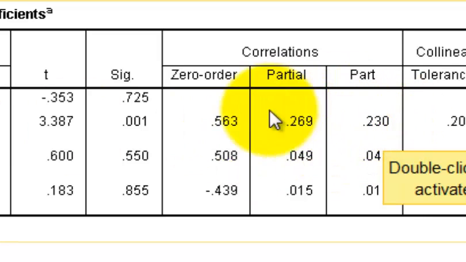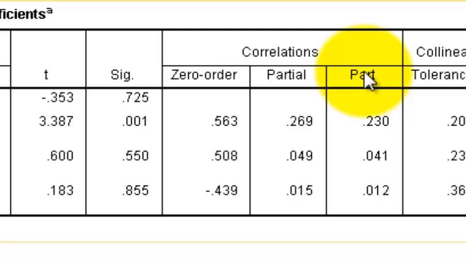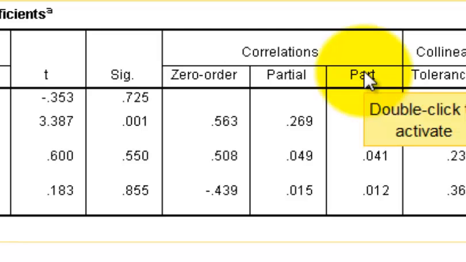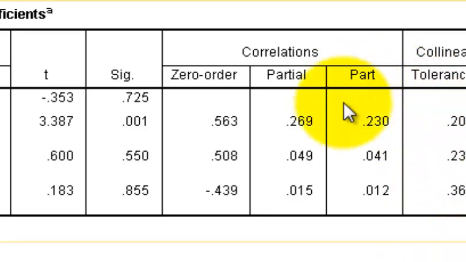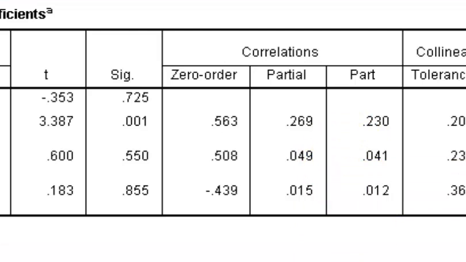So that's the partial. In SPSS, part means semi-partial. What that means is that this number represents the amount of variance of the DV that can be explained specifically by this IV with the other shared variance of the other IVs removed.